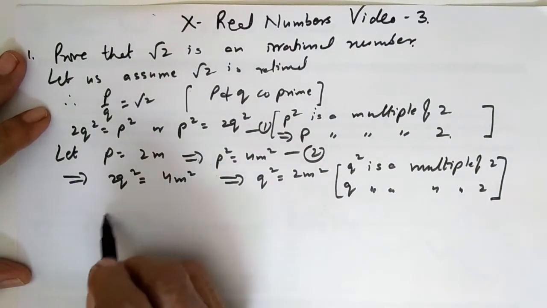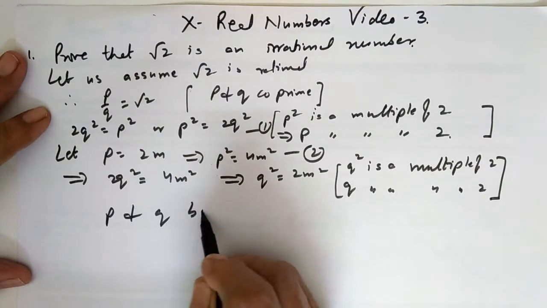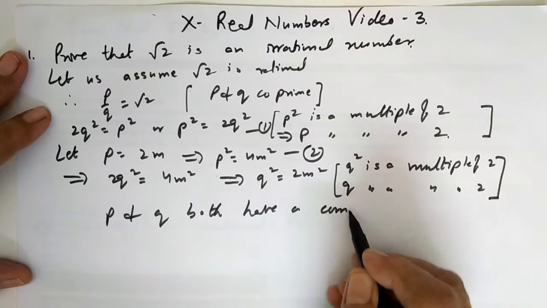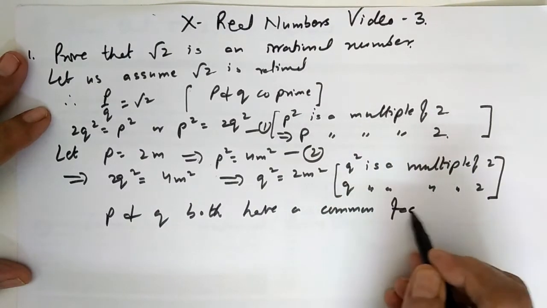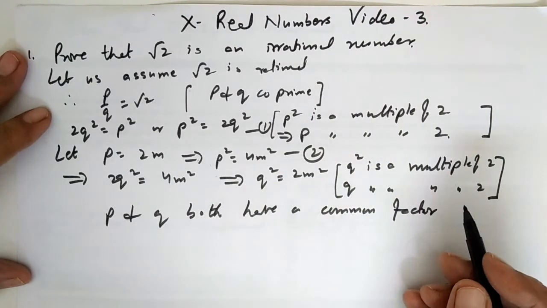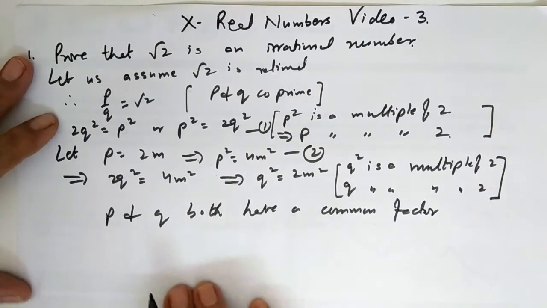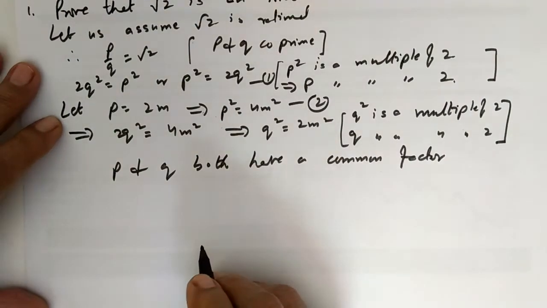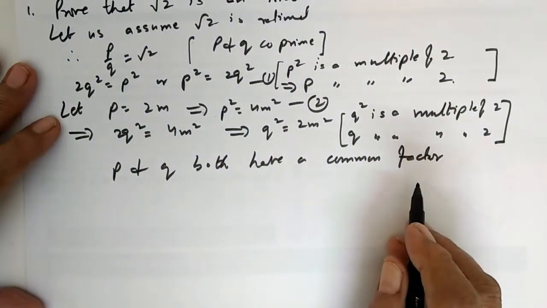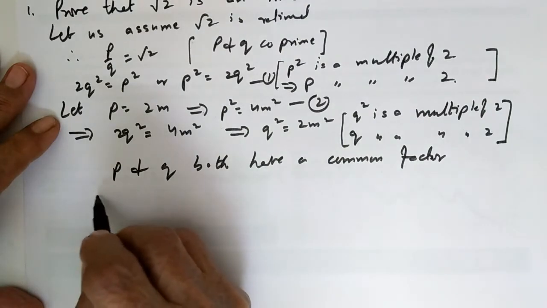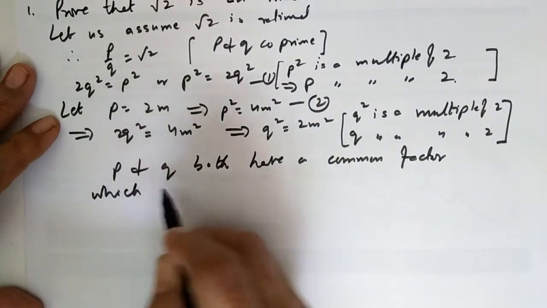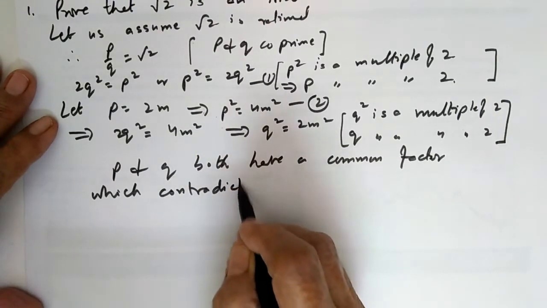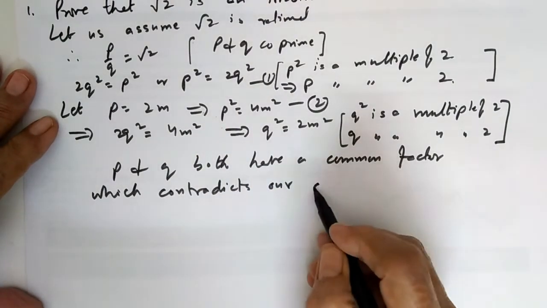Which means P and Q both have a common factor. अब दोनों का common factor हो गया, तो it means which contradicts our assumption.